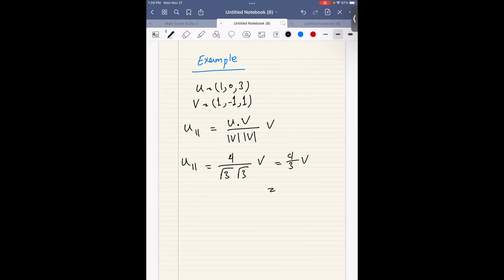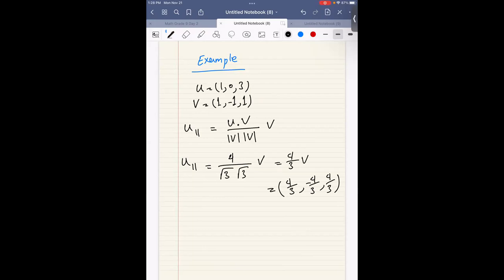So it's 4 over 3 times v. What is 4 over 3 times v? It's just 4 over 3, minus 4 over 3, and 4 over 3. Is this clear? And you know how to use this formula, basically.